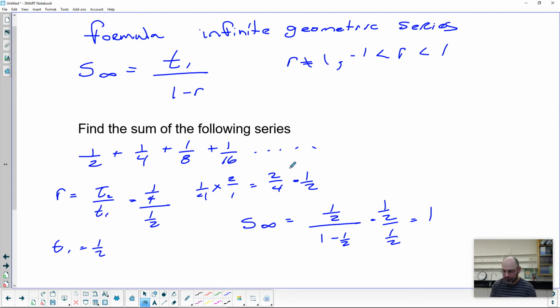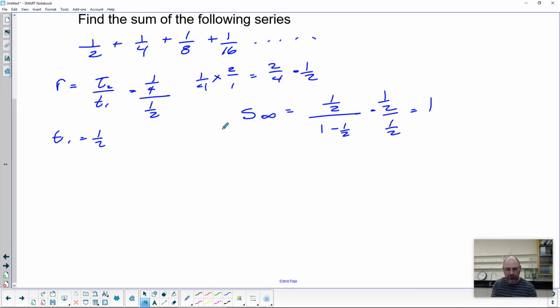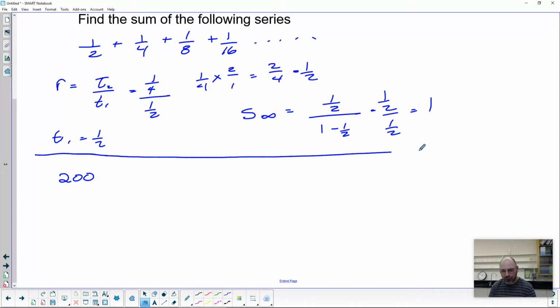Okay, let's do another example. Let's say I had 200. Let's put a line here so we can divide example 2. Then we multiply by a certain amount and get 80. Multiply by that same amount and get 32. And multiply by the same amount and get something.